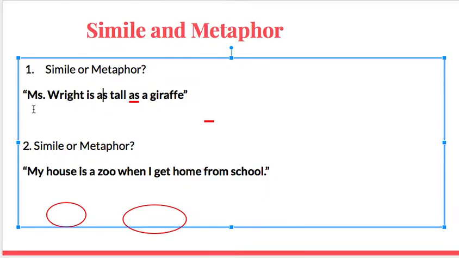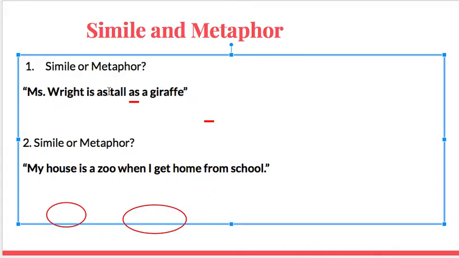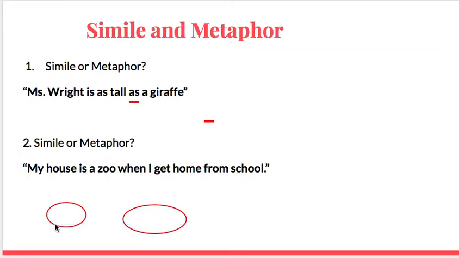I'm comparing myself, Miss Wright, is as tall as a giraffe. So I use the word as to compare myself to a giraffe. So since I use the word as, that makes this a simile.